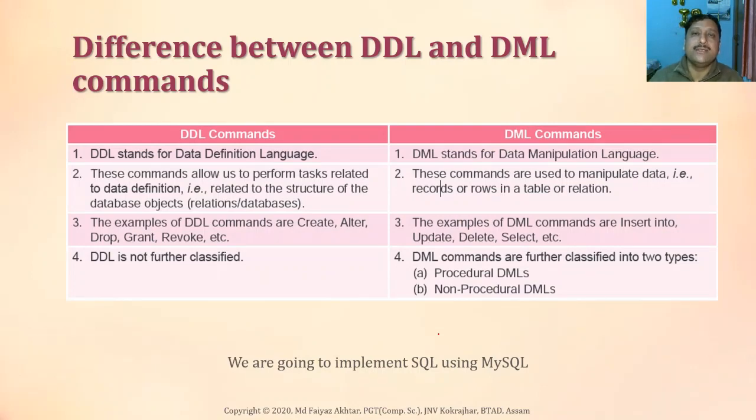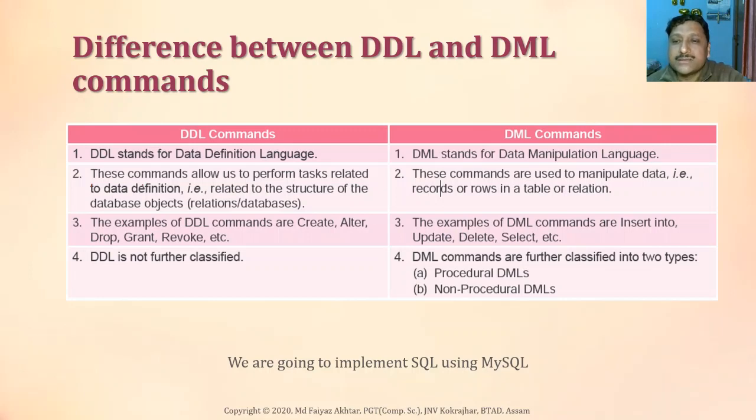Now we are giving the differences between DDL and DML commands, that is, how we can tell what DDL commands are and what DML commands are. We already know about these things, but here the major differences are given. DDL stands for data definition language and DML stands for data manipulation language.